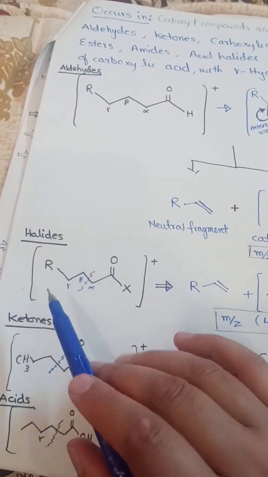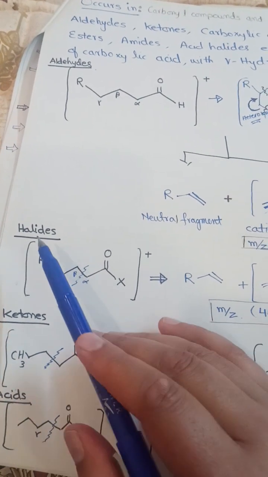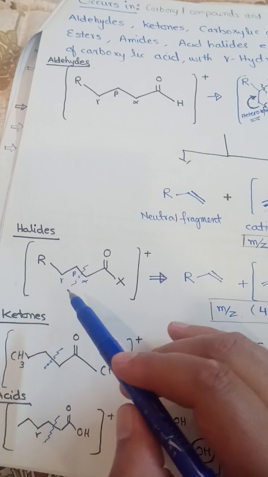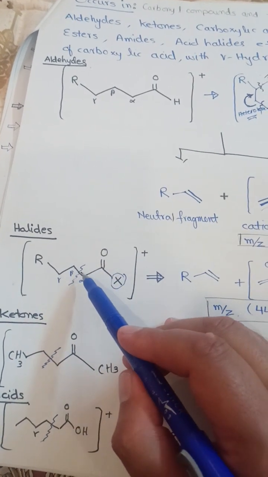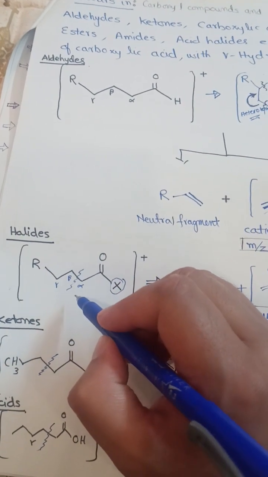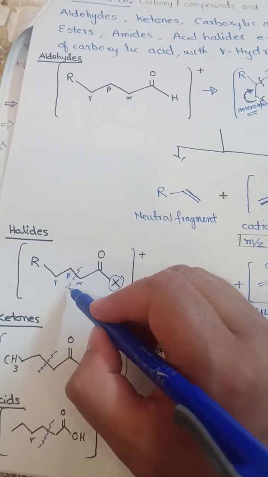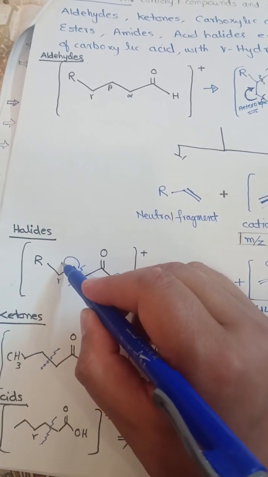In halides, if McLafferty rearrangement occurs, like in acid halides, here we have a halogen. In this case the homolytic cleavage will occur from this, and this bond will be shifted here.